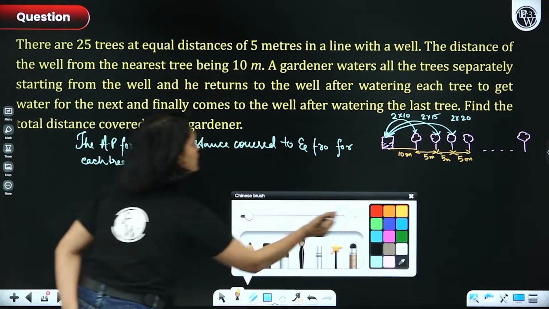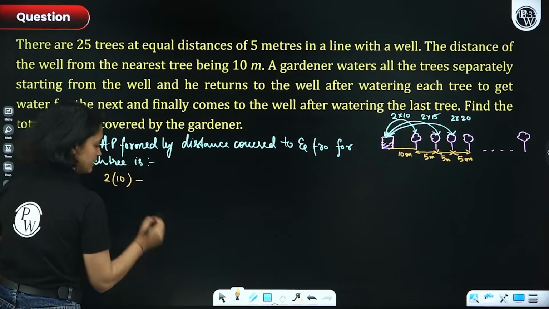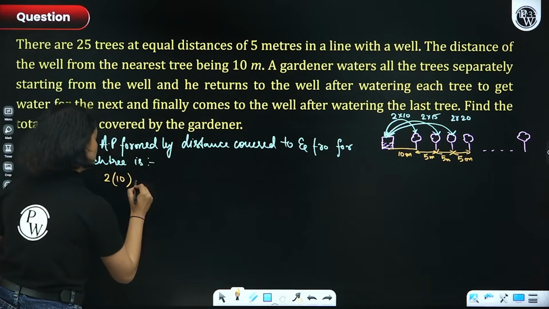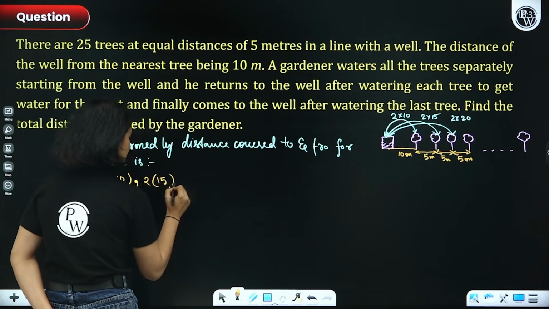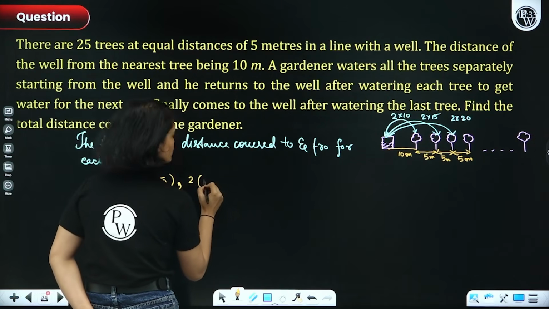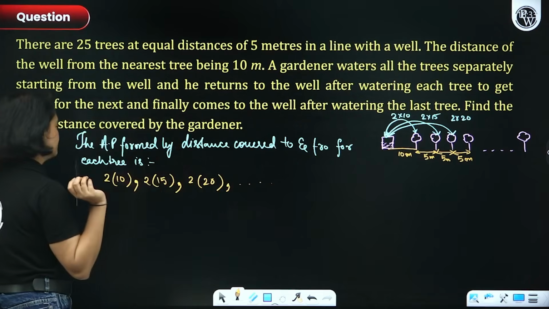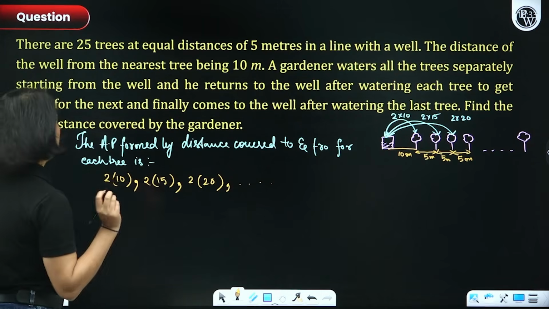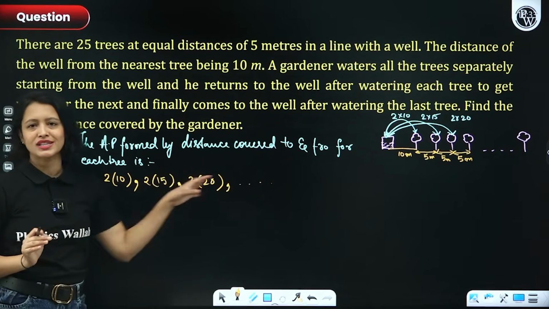We have 2 into 10, then 2 into 15, then 2 into 20, and so on and so forth. Okay, you can multiply the distances also. Now we have to figure out the total sum of the distance.